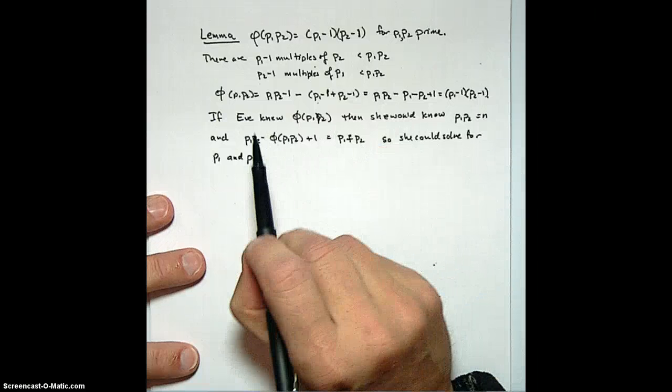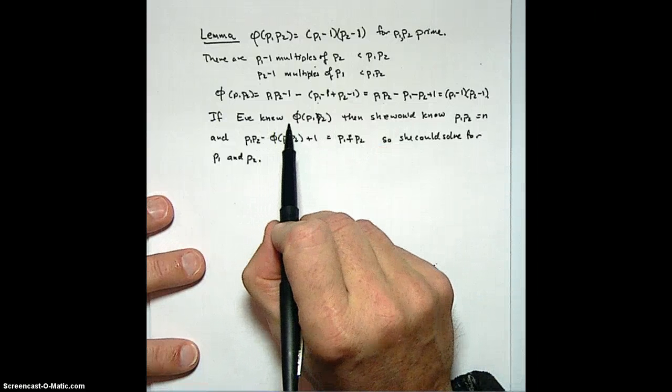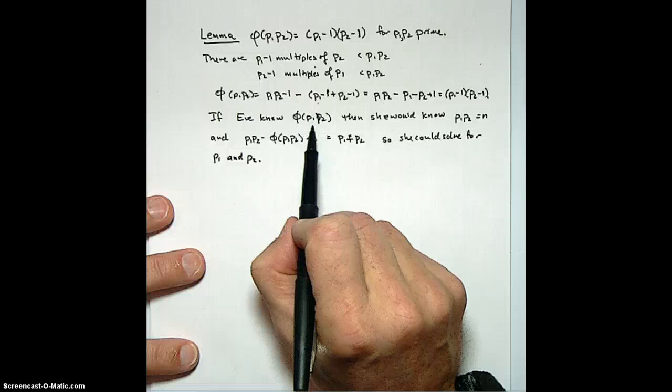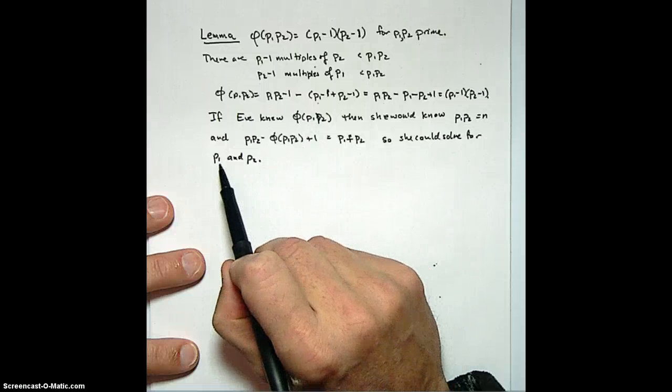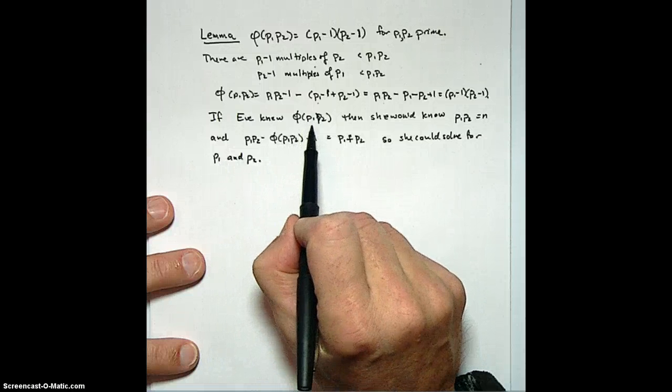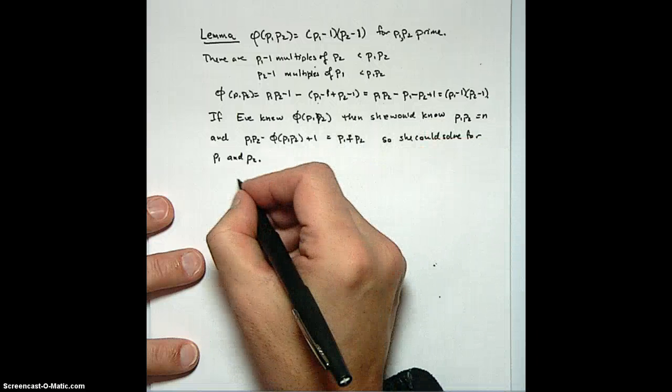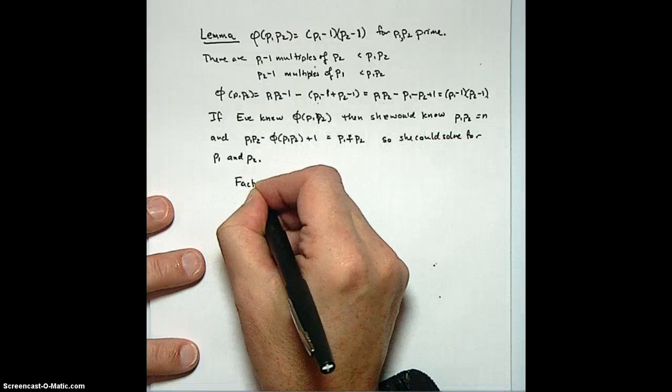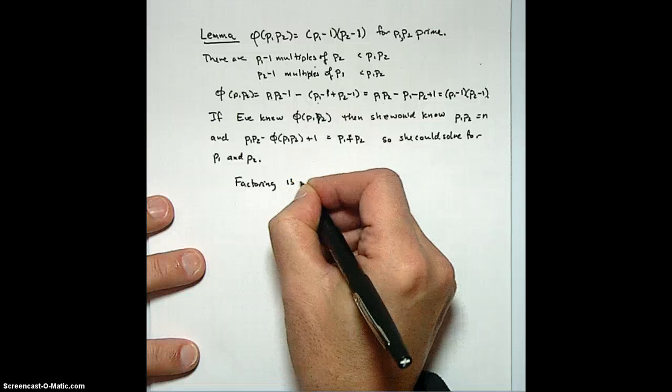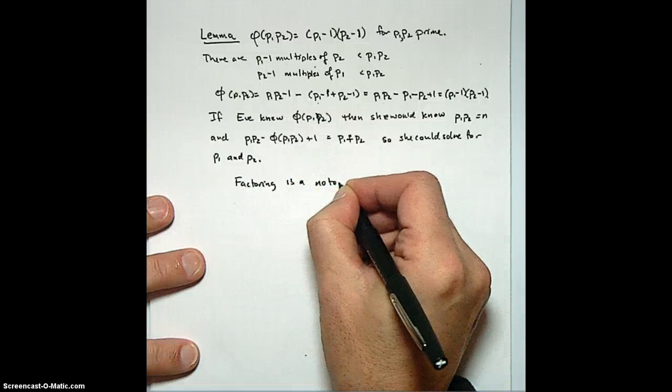All right. So this means that if Eve knows how to figure out phi of p1 p2, she can factor the product of p1 and p2. However, factoring is a notoriously difficult problem.